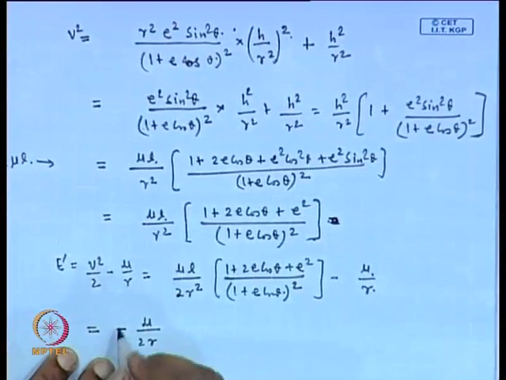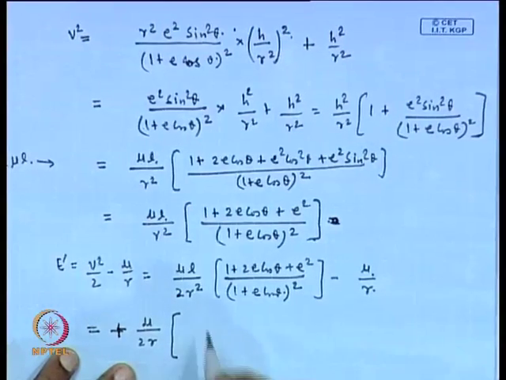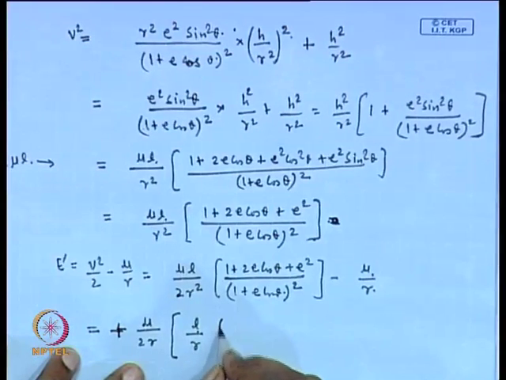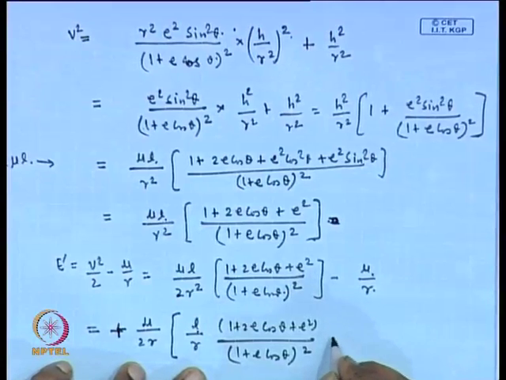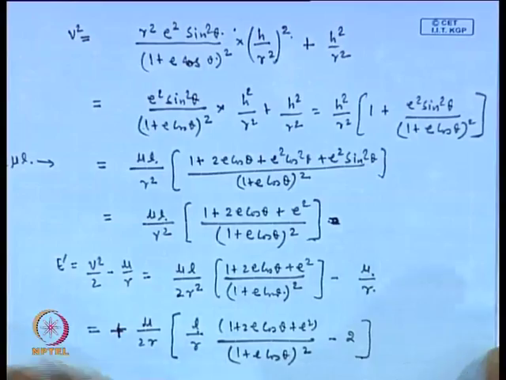Or plus mu by 2 r, if we take this common from here, what we are left with is L by r times 1 plus 2 e cos theta plus e square divided by (1 plus e cos theta) whole square minus 2.